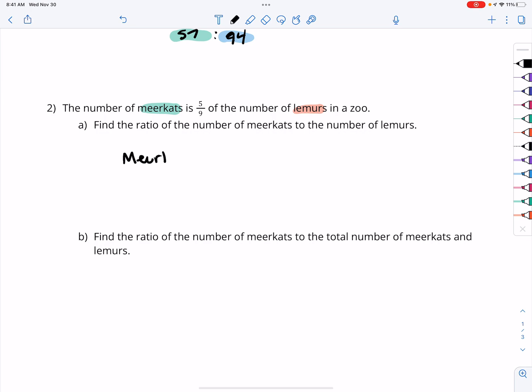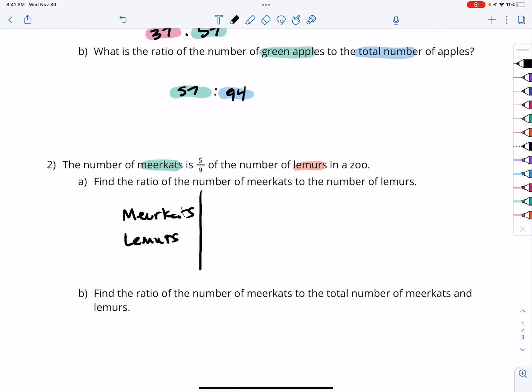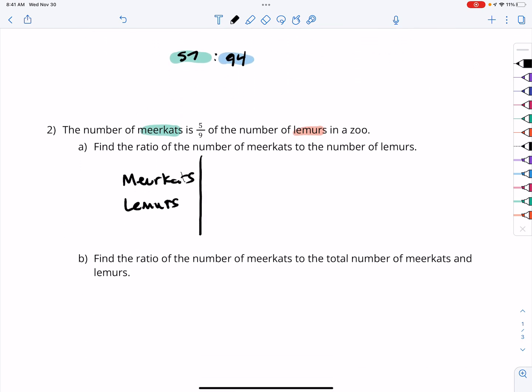Meerkats and lemurs. I've found that it's easier when looking at ratios as a fraction to do them in a separate bar like this as opposed to one part whole bar like up top. And so we know that the ratio of meerkats is 5 to 9. So that means for every 5 meerkats, there are 9 lemurs.